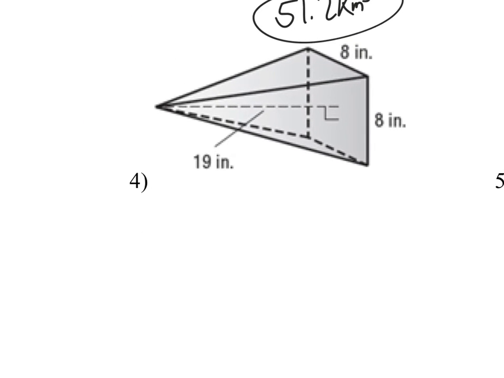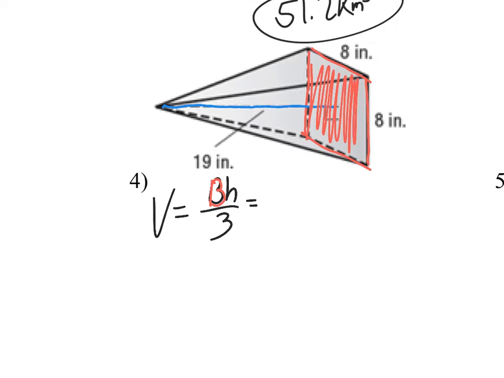On number 4, again, volume equals area of the base times the height divided by 3. Our base this time around is a square, because it's an 8 by 8 square. And then here's our height right here. So our area of the base, again, is the area of this square right here.